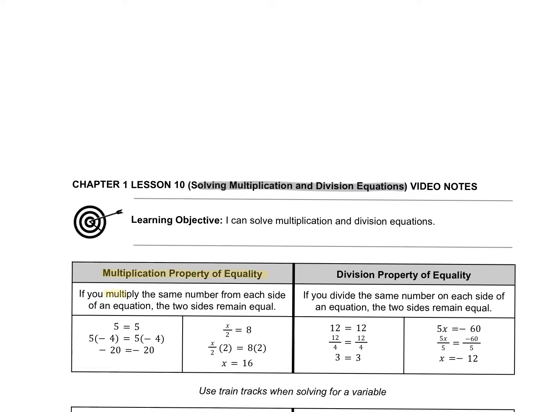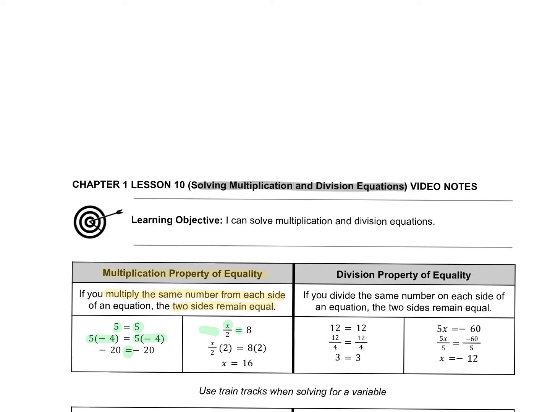That just says if you multiply the same number on each side of an equation, the two sides remain equal. So looking here, if I start with 5 and that is equal to 5, I do the same thing on both sides for them to remain equal. With an equation, you have a number and then an operation, here divided by, which is equal to something.